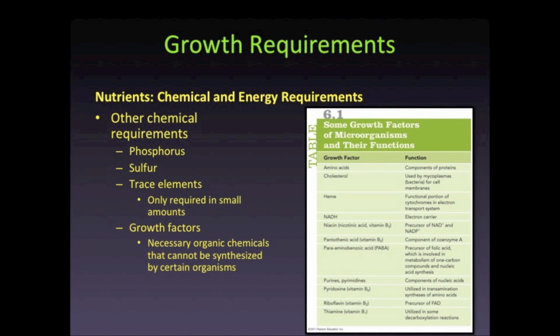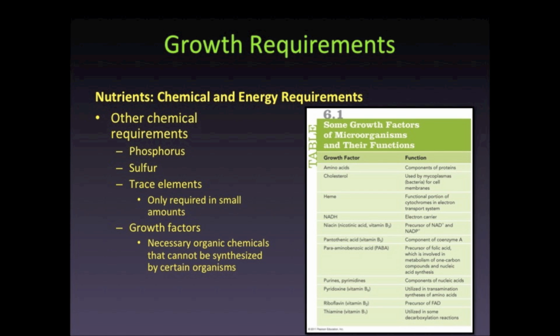More than 95% of the dry weight of a cell is composed of carbon, hydrogen, oxygen, and nitrogen. The remainder of the cell is composed of elements such as phosphorus, sulfur, manganese, copper, iron, and a few other elements. Phosphorus, like nitrogen, is a growth-limiting element.